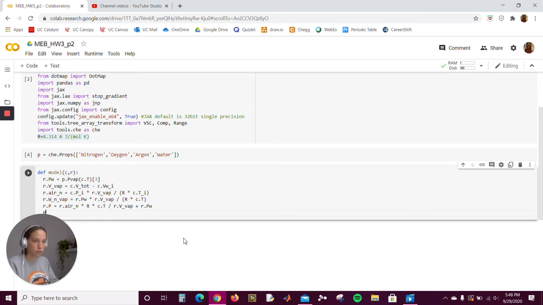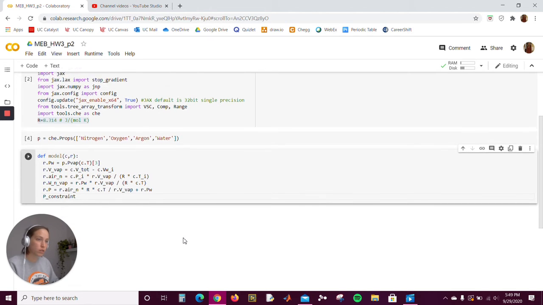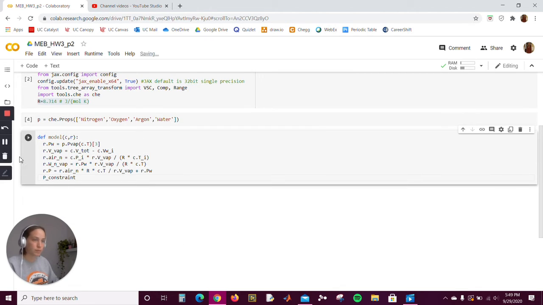So P underscore constraint for pressure constraint is equal to C dot P underscore F, pressure final.